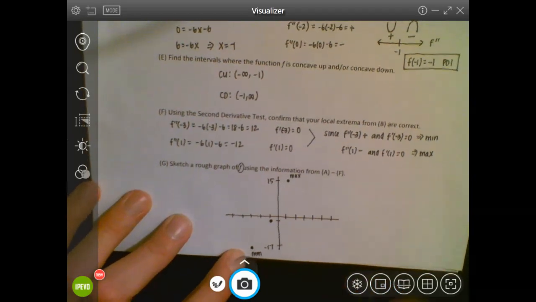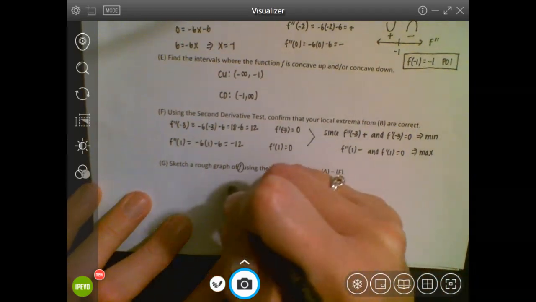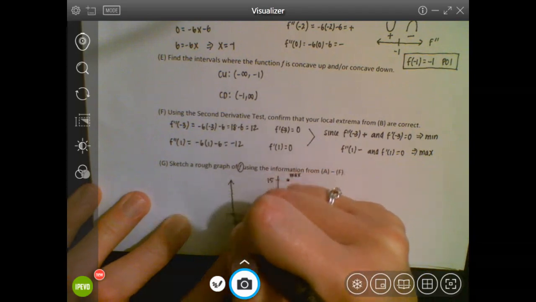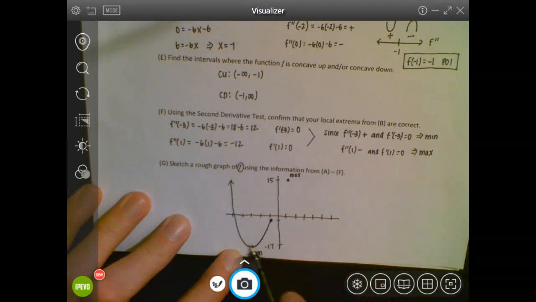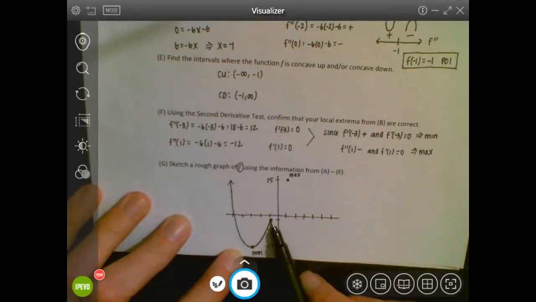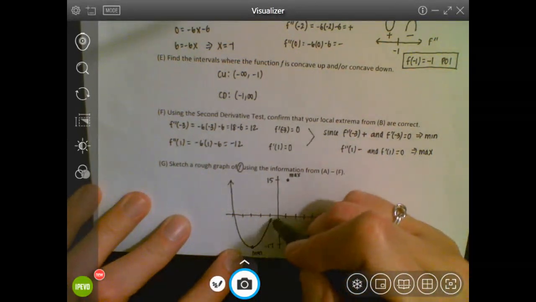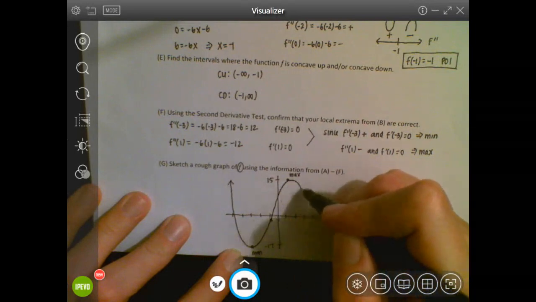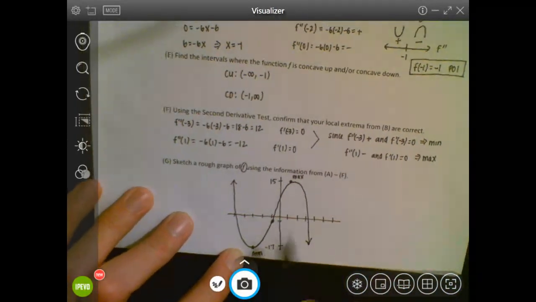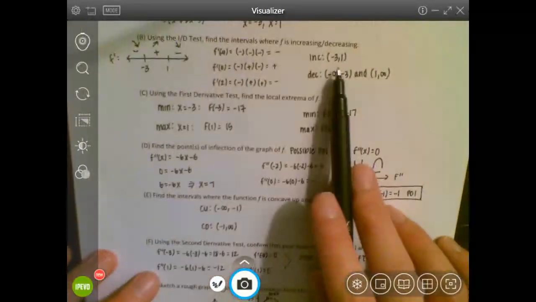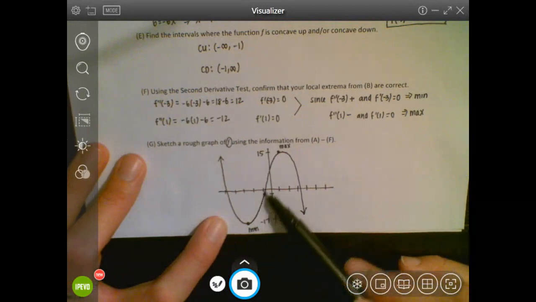So if we get an idea of what that's going to look like, and I'm just going to draw a rough sketch here, that would look something like this. So we're concave up all to the left side of the x value of -1, and we're going to be concave down all to the right of this x value of -1, which also fits our intervals of increase and decrease. We know we're increasing from -3 to +1.